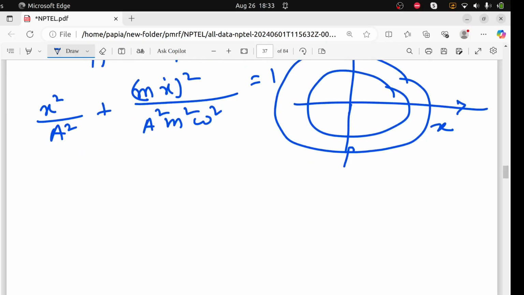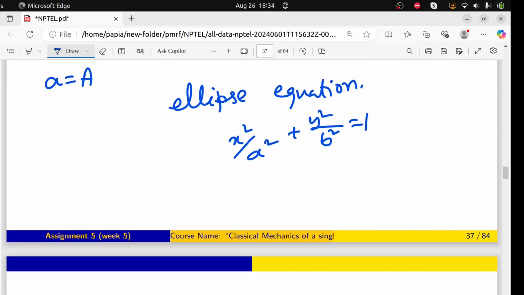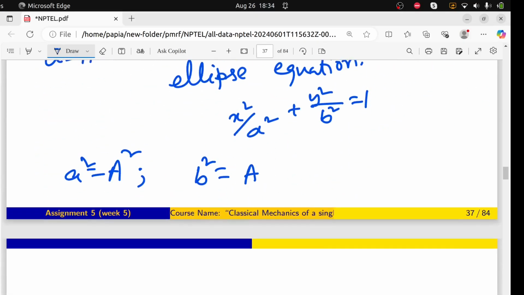So for this case, a is what? Capital A, because our ellipse equation is x square by a square plus y square by b square equals to 1. So our a square is capital A square, b square is a square m square omega square.